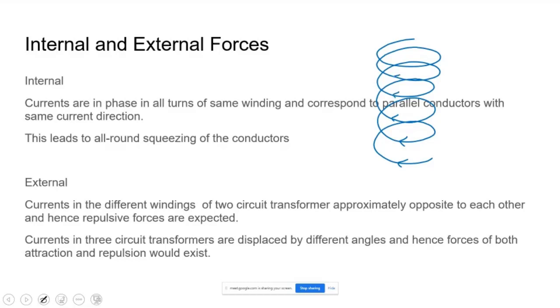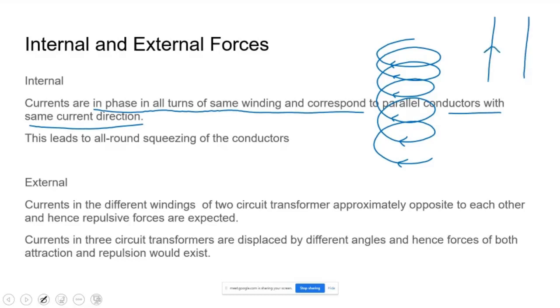So all these conductors or turns have the same current direction. So currents are in phase in all the turns of the same winding and correspond to parallel conductors with the same current direction. These we have learned earlier in our magnetism classes in 12th class, etc.